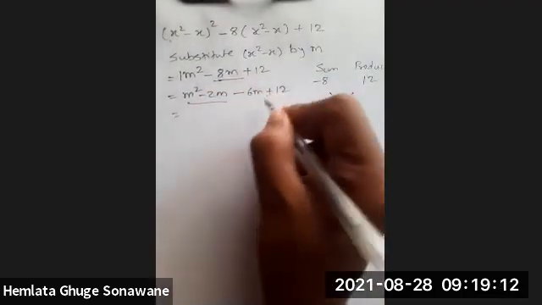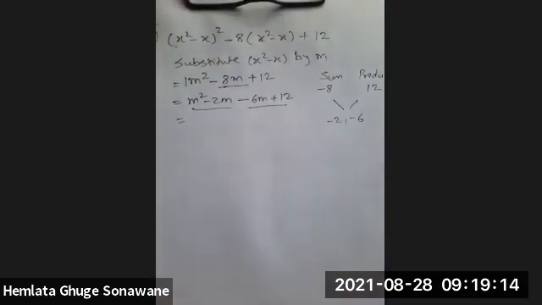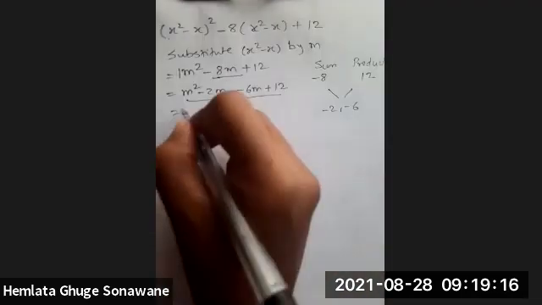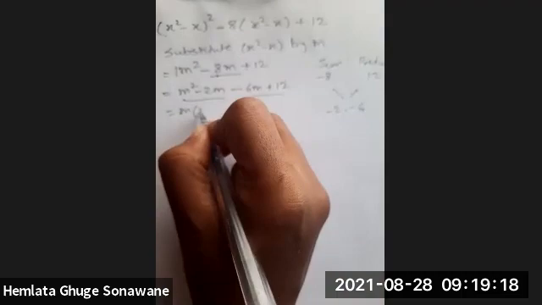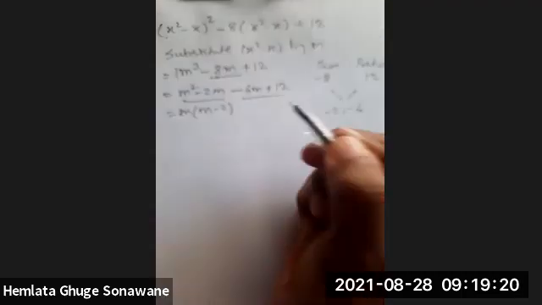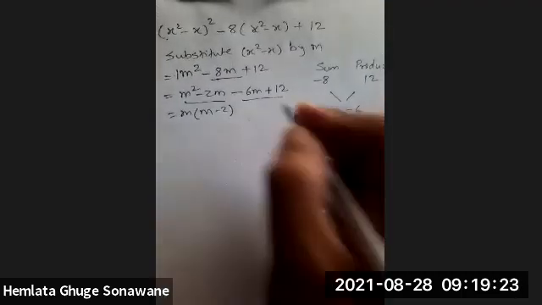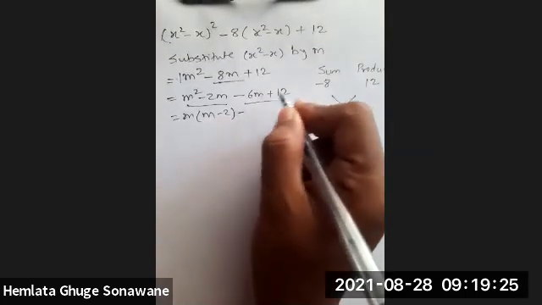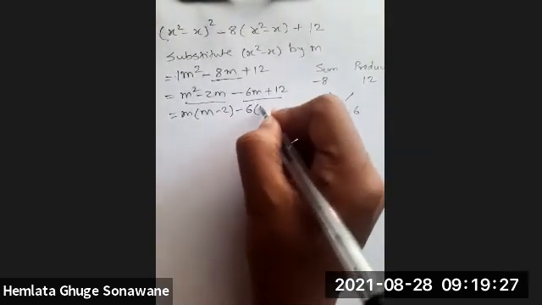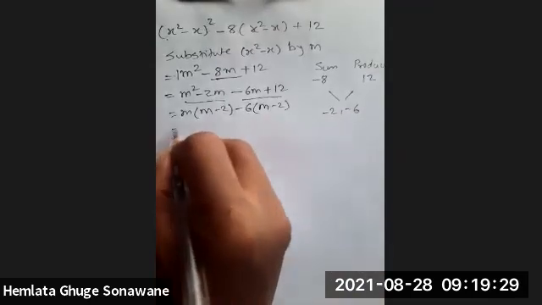Now again we have to take common factors from this. M is common here, m minus 2, minus, here we'll take 6 common, so m minus 2.